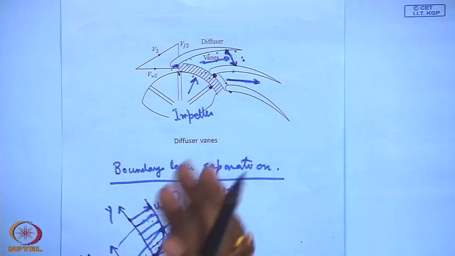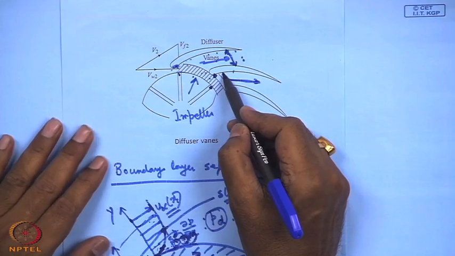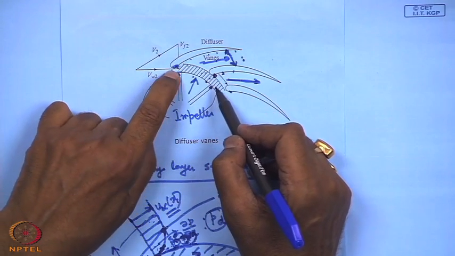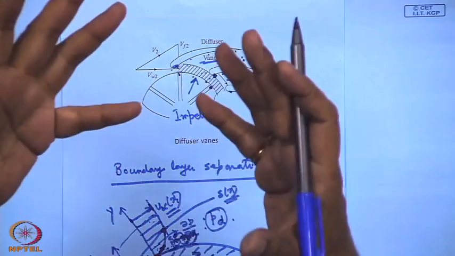Now, the first question is that, sir, why do I give a vaneless space? Why should the diffuser vane not be provided right at the outlet of the impeller tip, so that the fluid which comes out of the impeller will go to the diffuser? But it is not done. Always a vaneless space is provided. This is because of two reasons.